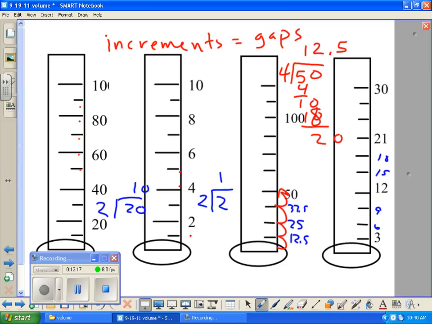If we use Jay's method, we would start at the 3, go up 1, 2, 3 increments. In 3 increments, it went from 3 to 12, so it went up 9. So that would work all right.